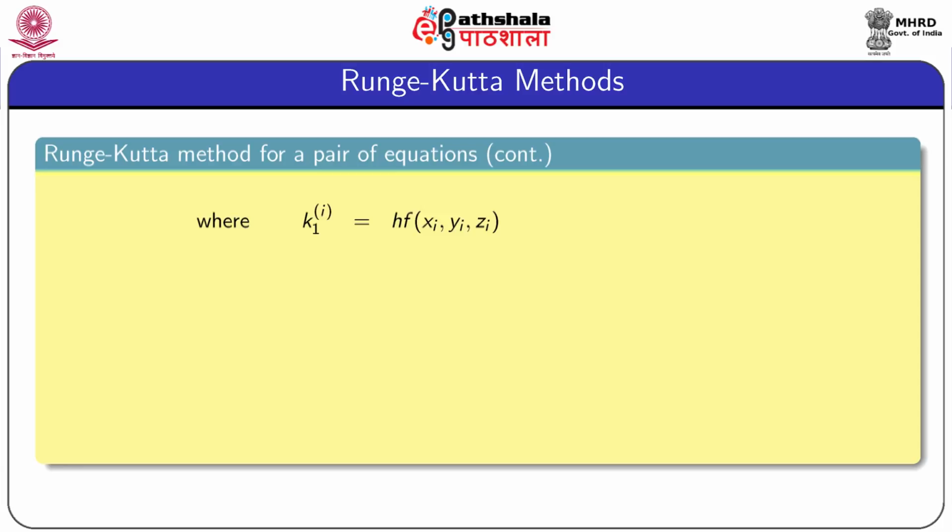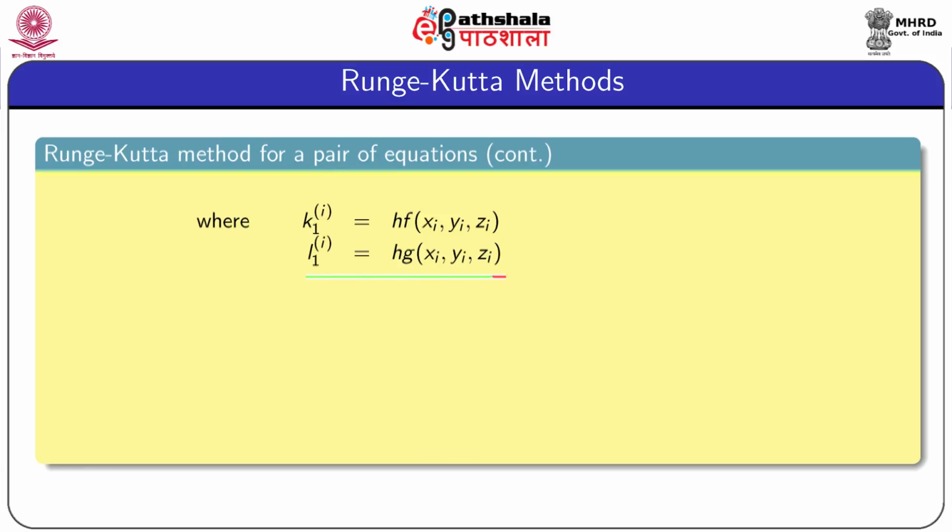Now, the value of k1i is equal to h into f of xi, yi, zi. This is similar to the k1 for the simple Runge-Kutta method, but only one argument is added, that one is zi, with the function f, and similarly the value L1i is equal to h into g of xi, yi, zi.